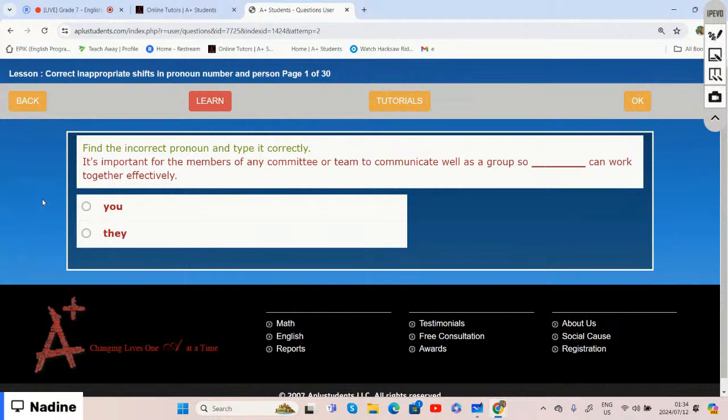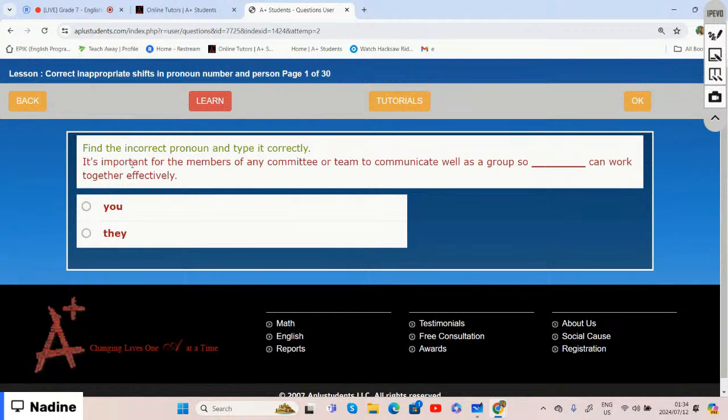So what I'll do is I'll underline what the pronoun needs to refer to, or I'll put it in bold. It says it's important for the members of any committee or team to communicate well as a group so you can work together effectively or so they can work together effectively.